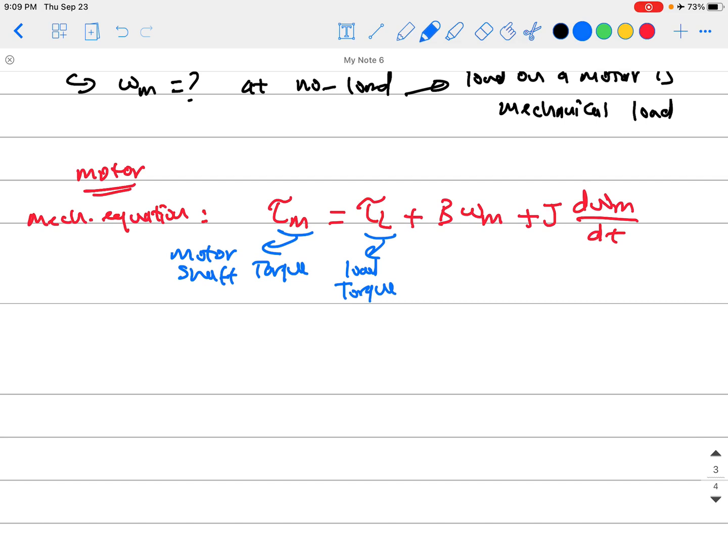Okay? But what about those other two terms? The other thing here is what we call a friction torque. This B here is the friction constant. It's not the flux density, guys. They just have the same name, so both of them are B, but this B is the friction constant, just a constant.